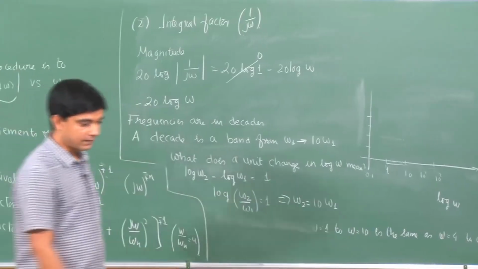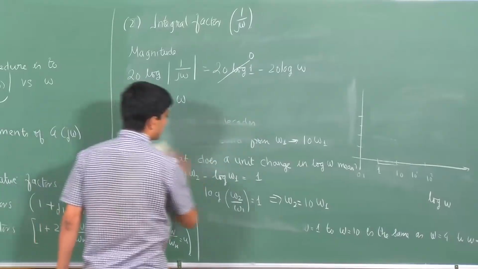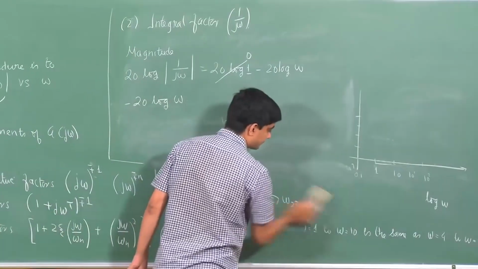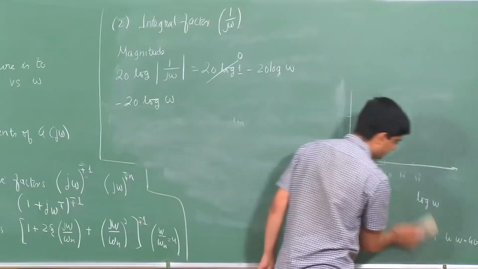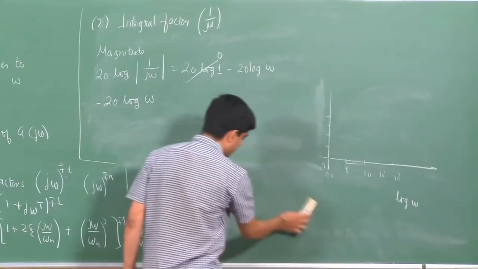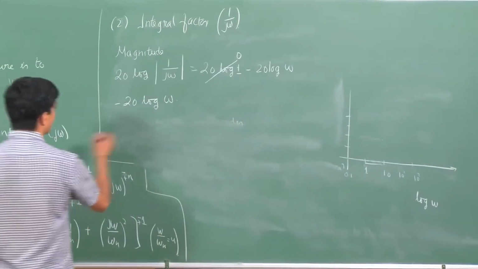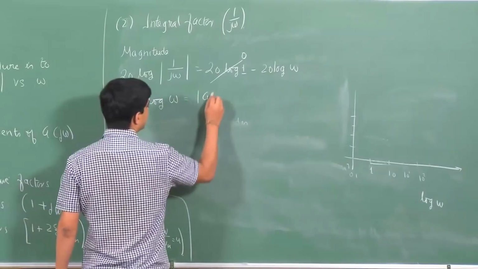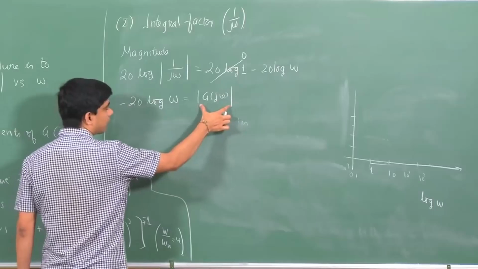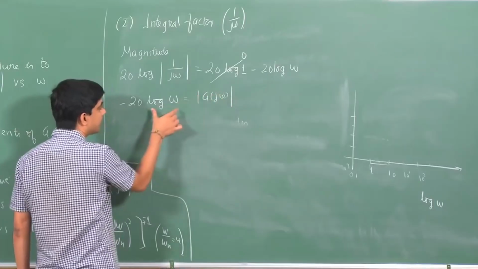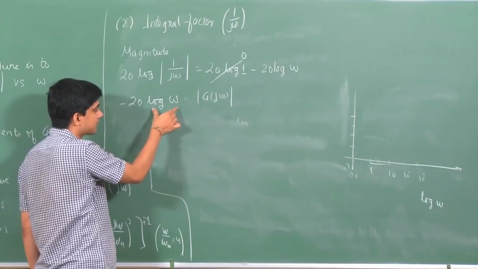Now once we do this, everything translates to just writing down equations of a straight line. Just say this is my y axis, magnitude of g of j omega. So I am plotting magnitude of g of j omega in decibels versus the horizontal axis, that is log omega.